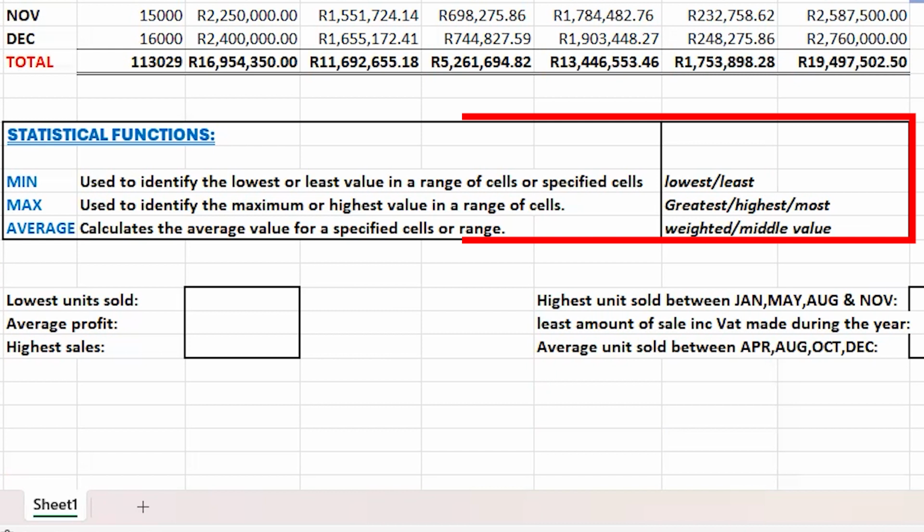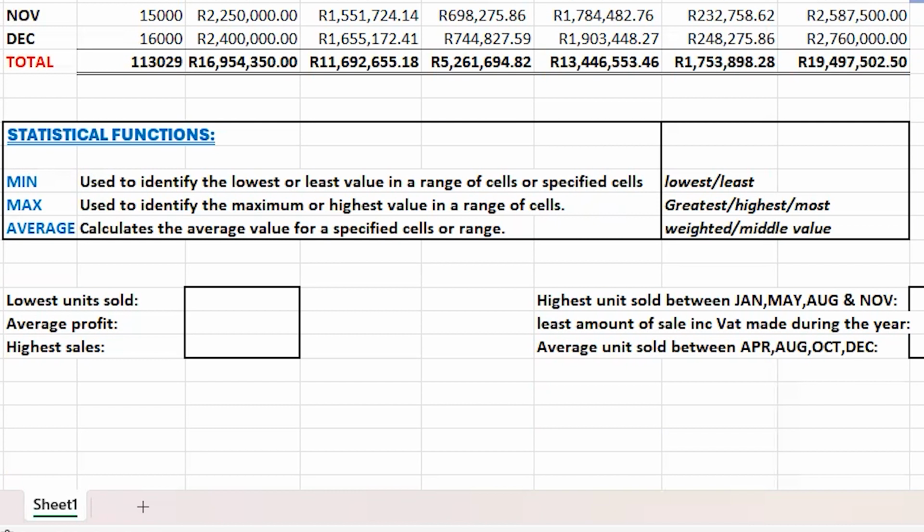The minimum function is used to identify the lowest or the least value in a range of sales or in a specified cell. So when we use the word lowest or least, I'll be referring to the minimum function. Then we have maximum. Maximum is used to identify the maximum or highest value in a range of sales. This is when I use the greatest, the highest, or the most.